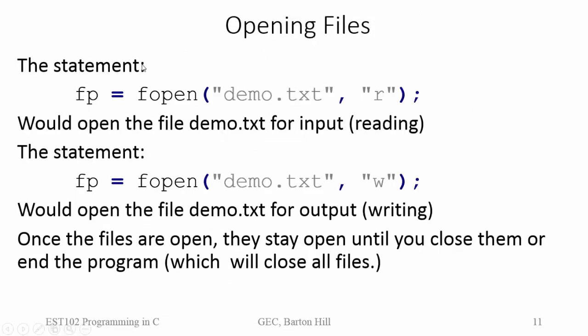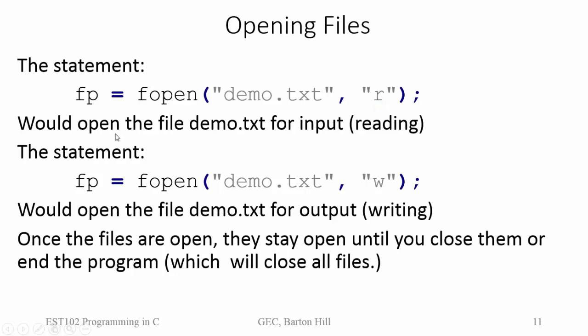Okay, so for opening a file, the statement fp equal to fopen of "demo.txt" comma "r" is given. Here this fopen function accepts two arguments, both are strings, that's why they are given inside double quotes. So this is the name of the file, and the second argument is the mode in which it is to be opened.